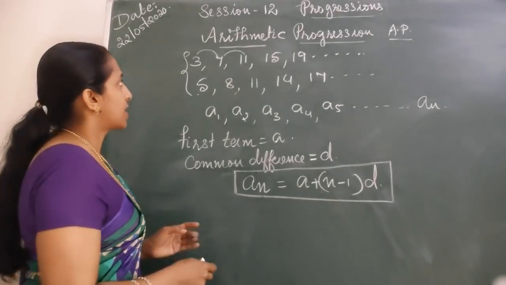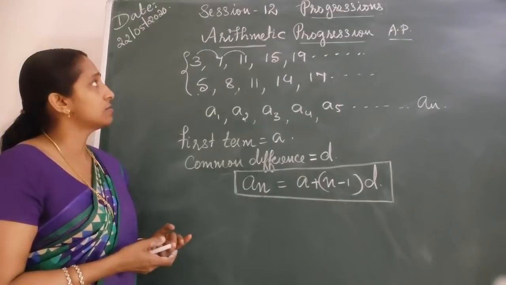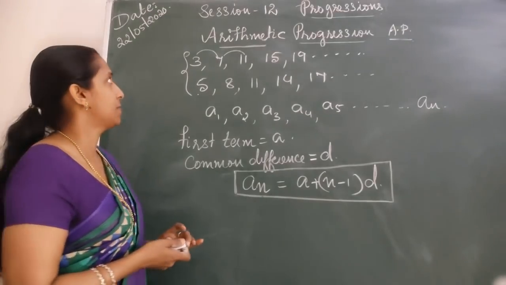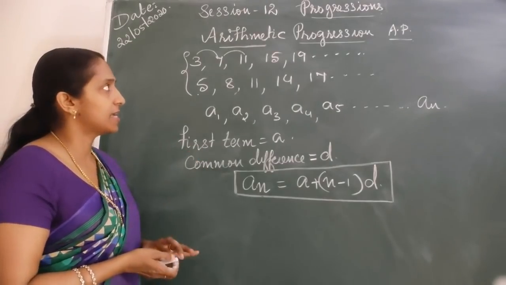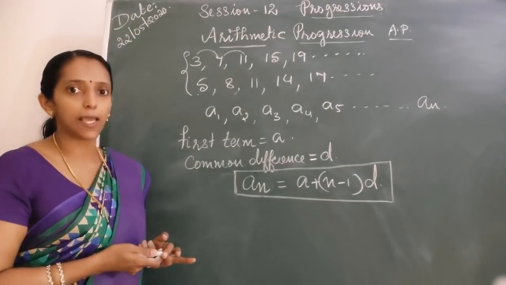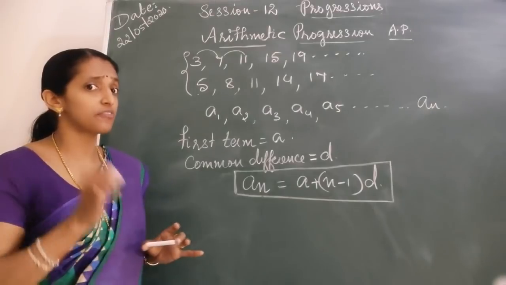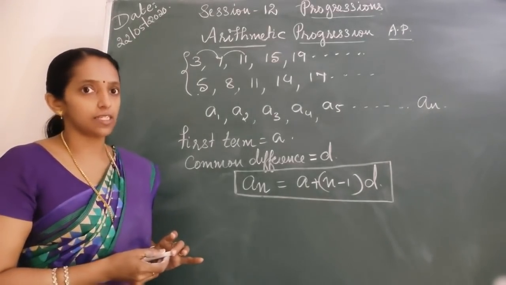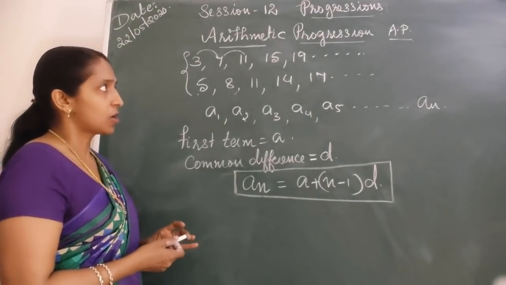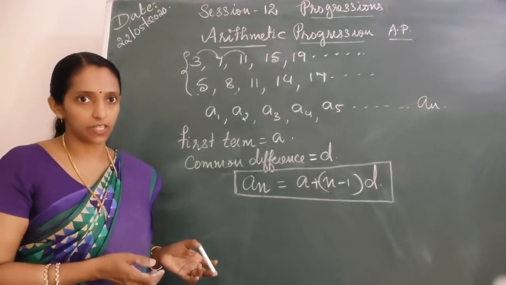Now take out your copy and write down chapter number 9, Arithmetic and Geometric Progressions, and the subheading, arithmetic progression, AP. Write down the definition of AP that is given in your textbook: an AP is a sequence having a common difference with the preceding term.